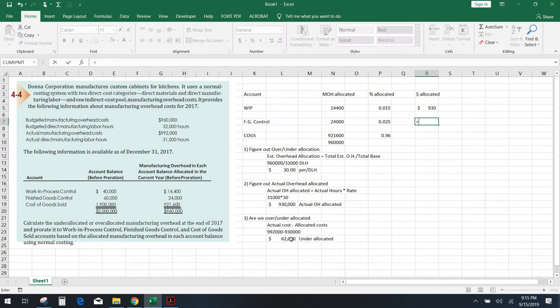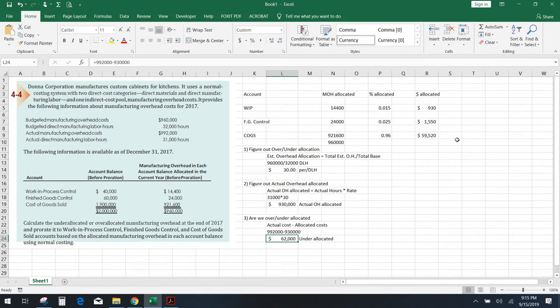Do the same thing here. Take the total, 2.5% of that is $1,500. And then here we take this amount, multiply it times that, and it's 59,520. So this is the amount that we need to allocate to each one of these accounts based on these percentages in order to dispose of that under allocated overhead.